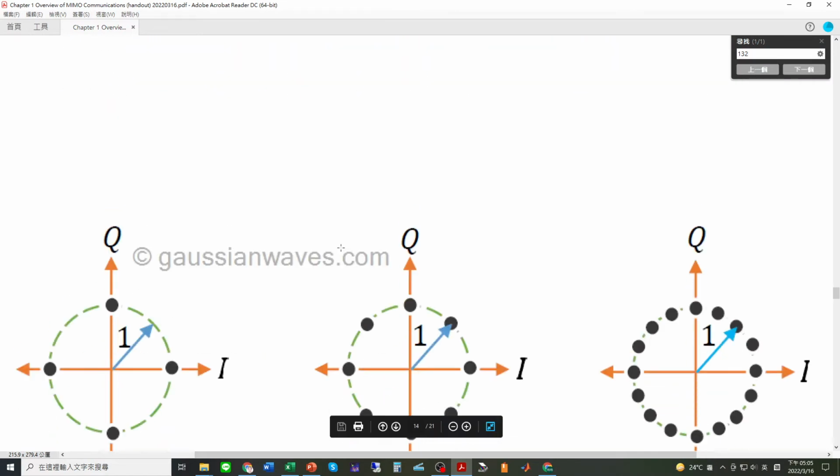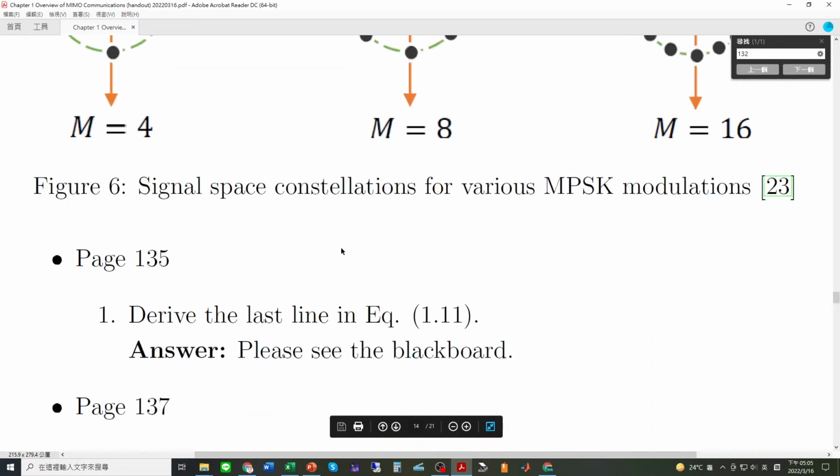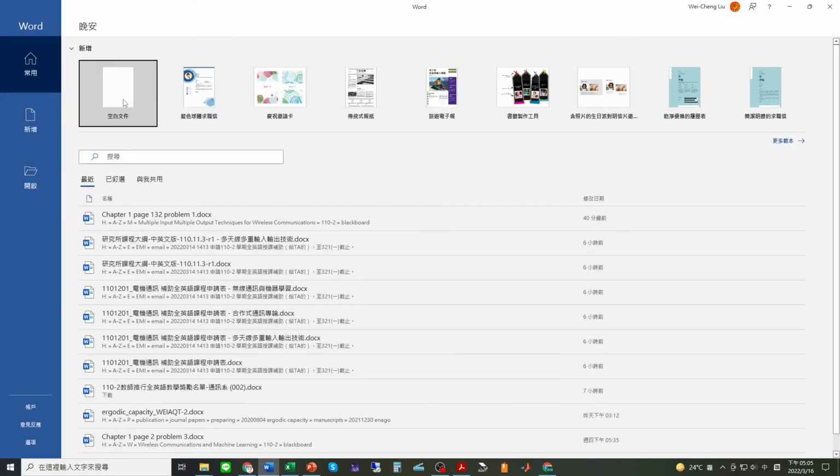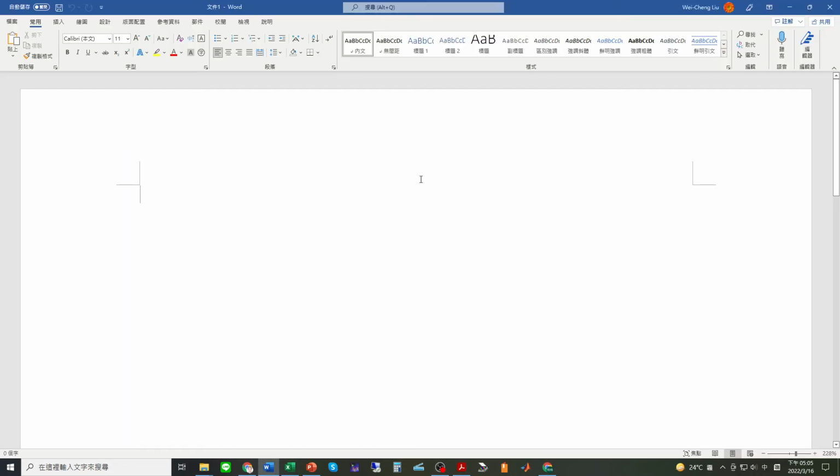On the handout, please turn to page 135. Problem 1. Derive the last line in equation 1.11. Answer, please see the blackboard. Because I do not have a blackboard here, I use Microsoft Word instead.